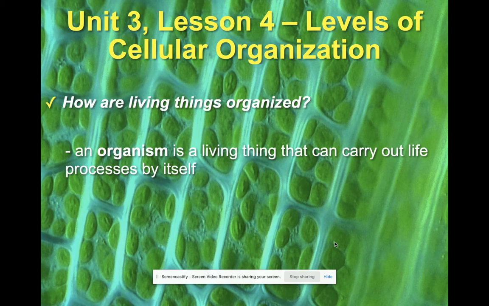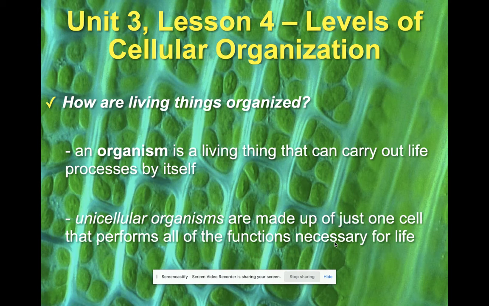All right. Again, we've been through this, but you need to really memorize this definition. An organism is a living thing that can carry out life's processes by itself. So back with lesson 1, if you remember when we went through prokaryotes and eukaryotes, a unicellular organism is made up of just one cell.